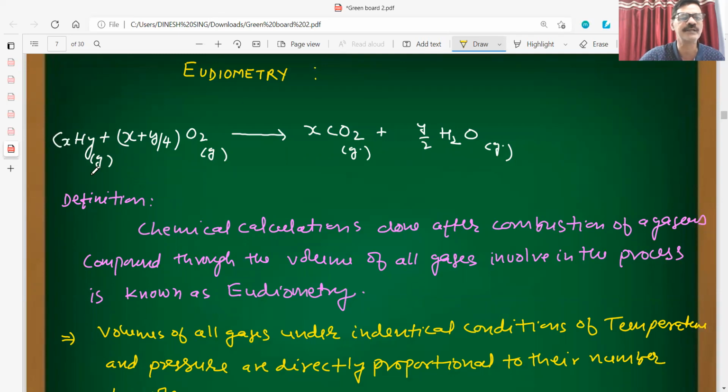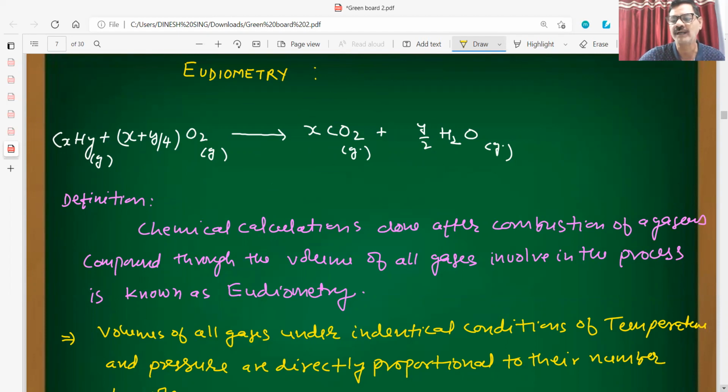This is a very simple hydrocarbon which undergoes the combustion process, and we can determine its molecular formula if we calculate the value of X, or the volume of the CO2.